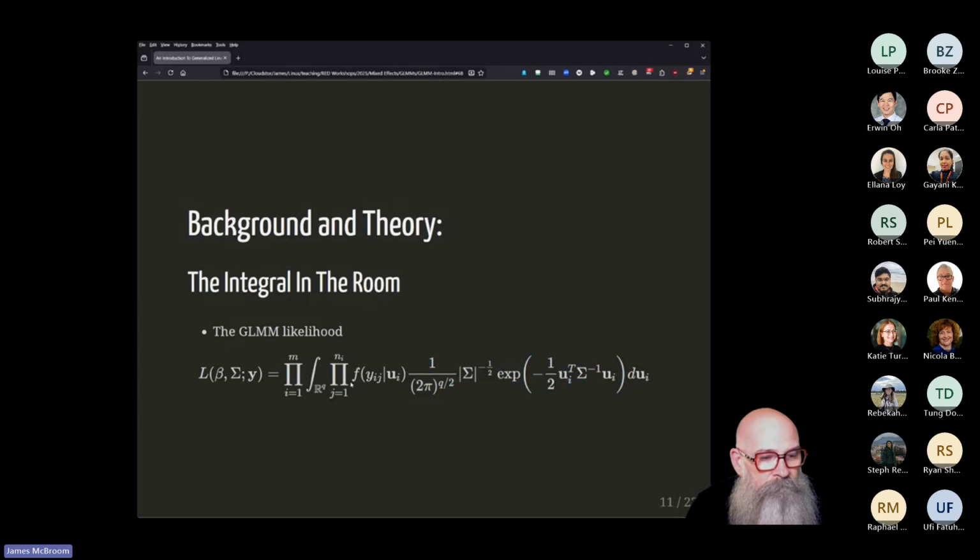This thing here, f(y given u), that's the conditional distribution of the response given the random effects in the model. And it's one of these exponential family distributions like the binomial or the Poisson or the multinomial or whatever. So when you put those two things together inside an integral, it's not chaotic, I shouldn't say it's chaotic. We just have no closed form solution to this integral.